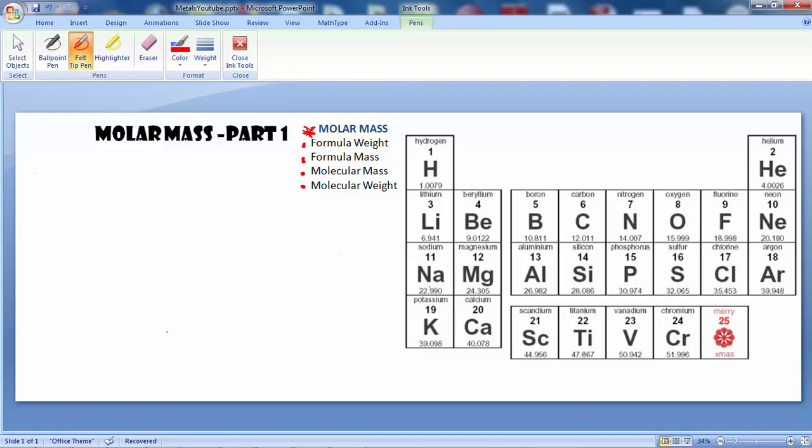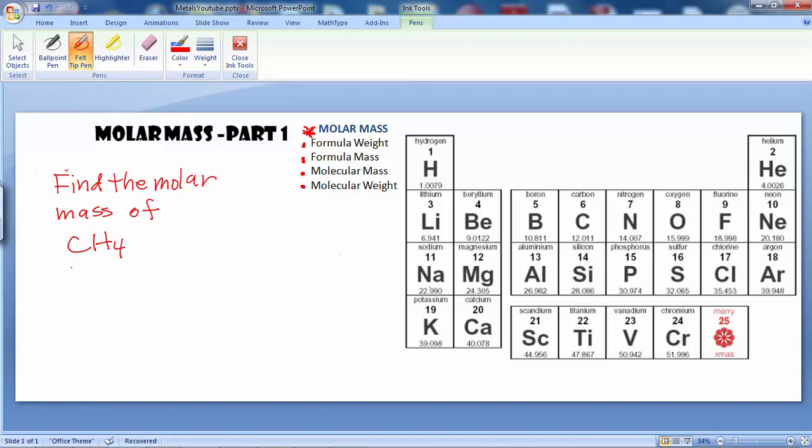Now, let's take a simple example, and I did this exact same one in class. We want to find the molar mass of CH4.